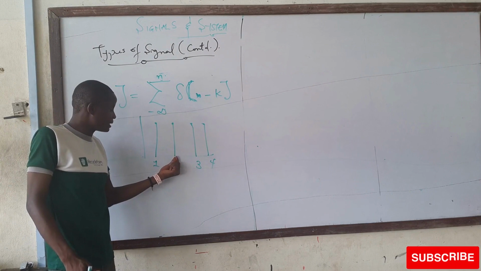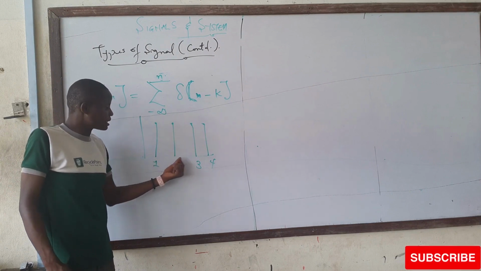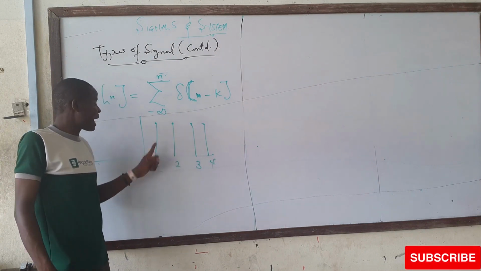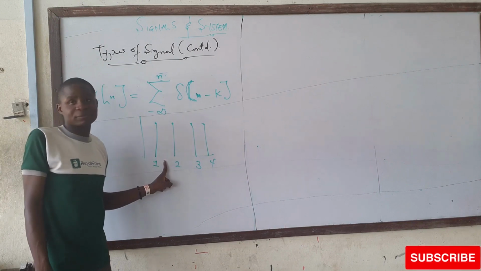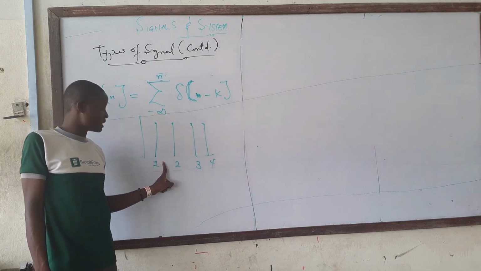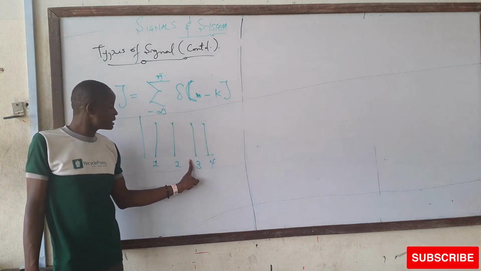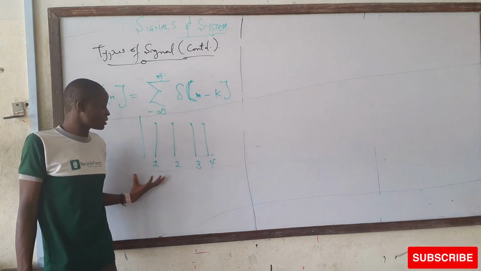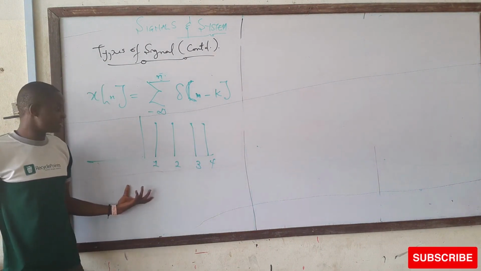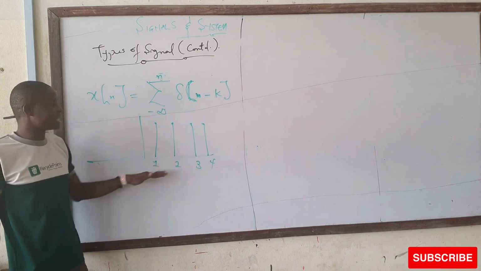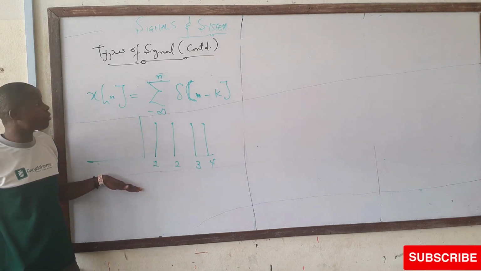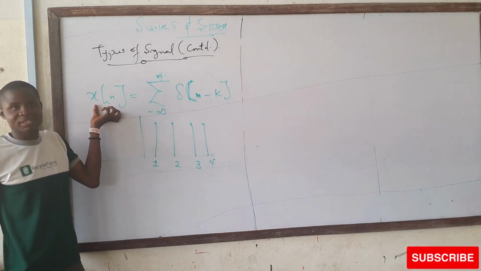So you can see 1 is standing here, 2 is standing here, 3 is standing here, 4 is standing here. There is no signal at 1.5, none at 1.8, none at 2.8 in the graph of this signal. That shows that this kind of signal is called a discrete time signal.